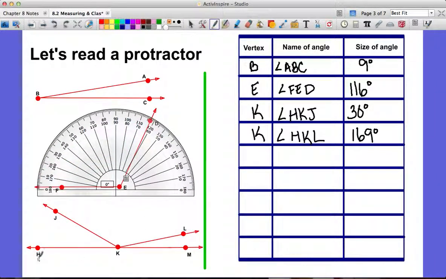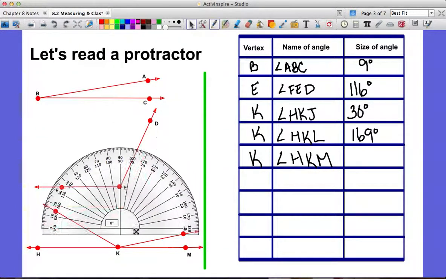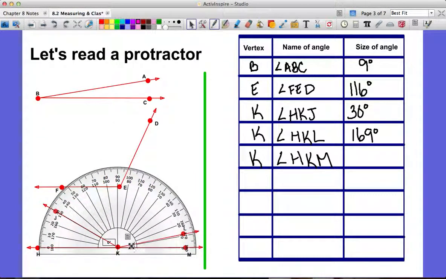All right, again, I start at H, and I know I can go from H to K to M. K is still my vertex, and now I have angle HKM. You'll notice that this angle is actually going to stay on that straight line. So we go from 0 all the way to 180 degrees.